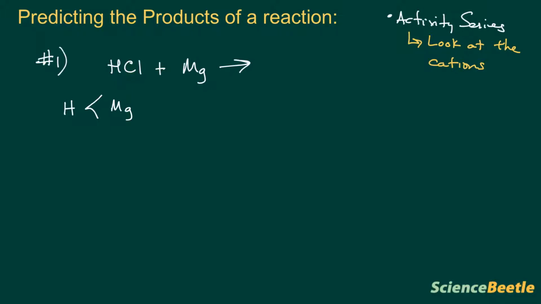With all these types of problems, I would like you to follow the steps that I've shown you in class. Whenever you've got a compound, split it. The first atom is going to be the positive one. In this case, hydrogen is a positive atom, so that'll be a +1 charge, and the chlorine is a -1 charge.